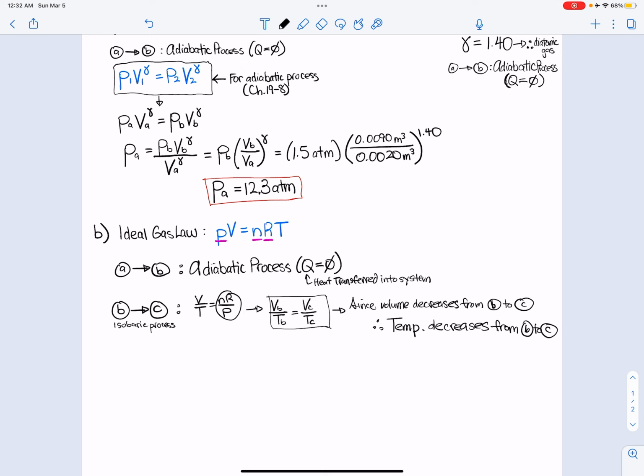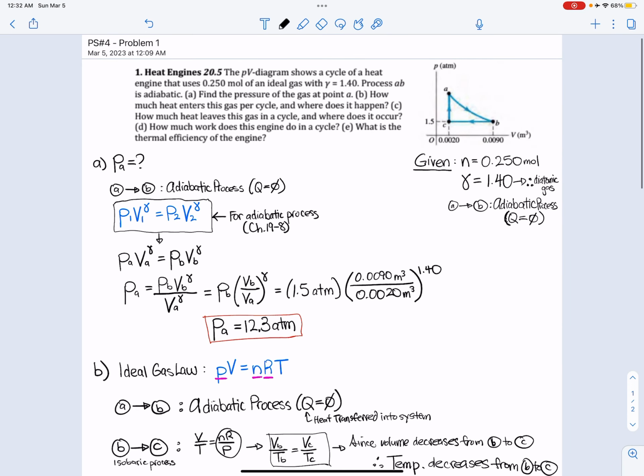Okay, what about for state C to state A? Here it looks like we have constant volume as we move from state C to state A. So we have an isochoric process.